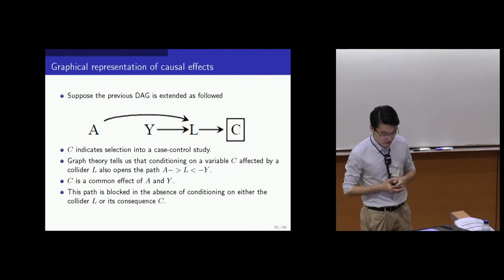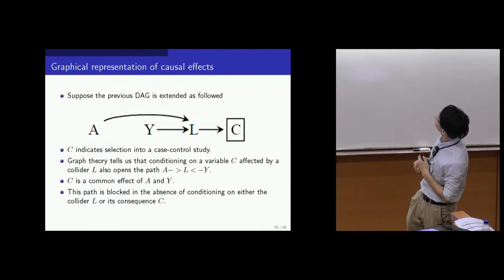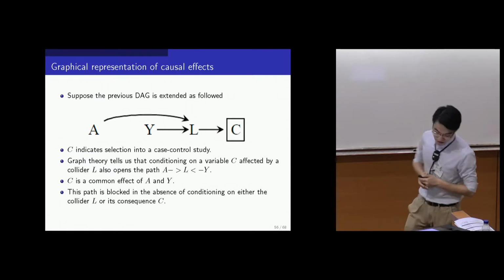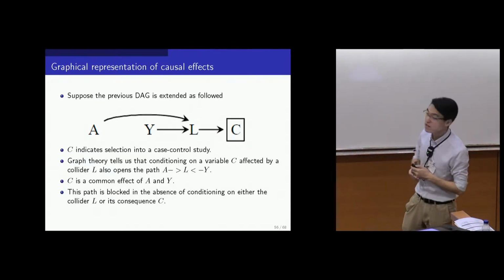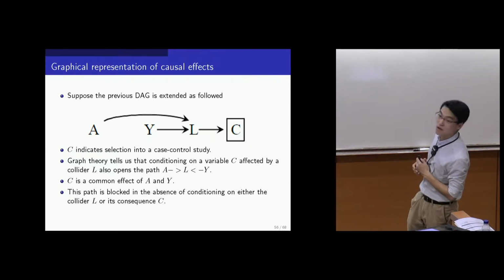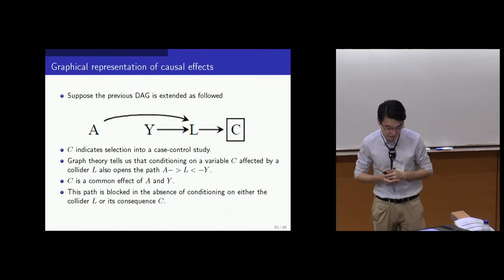Suppose the previous graph is extended as follows. Here is exactly the same as the previous graph, but here L causes another variable C. For example, C can be selection into a case control study depending on the outcome L. Graph theory tells us that conditioning on a variable C affected by a collider L also opens up the path.